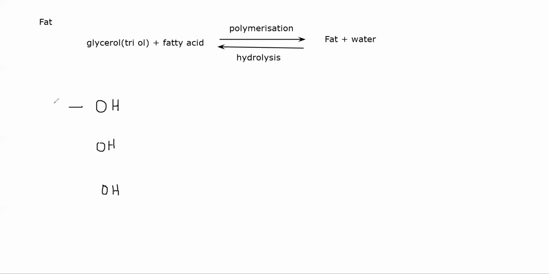So glycerol is a triol. This is the structure of glycerol. And what is a fatty acid? Fatty acids are carboxylic acids. So they have C double bonded with O and OH. C double bonded with O and OH. And C double bonded with O and OH.